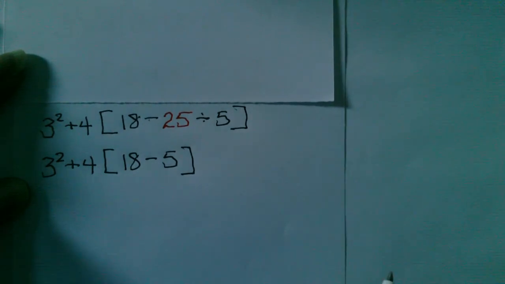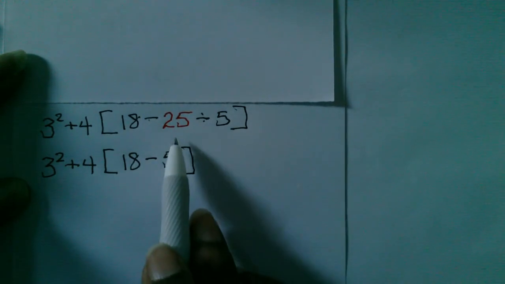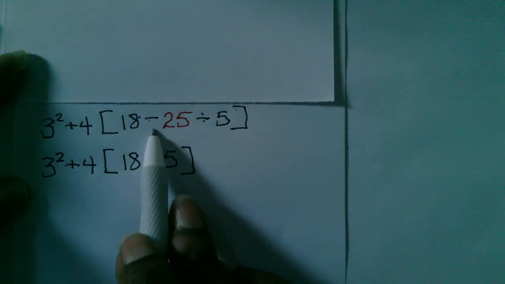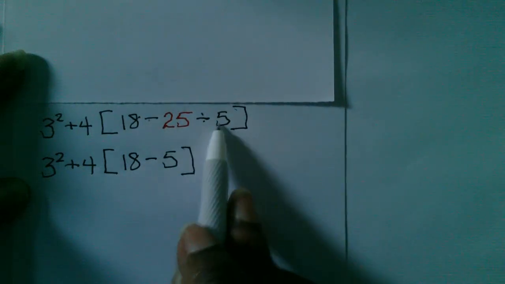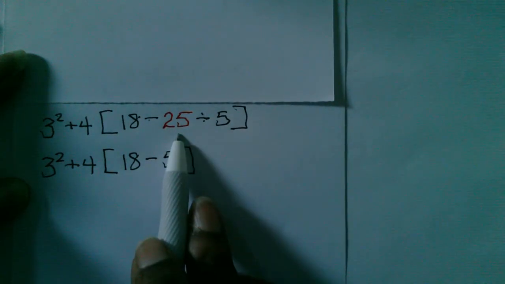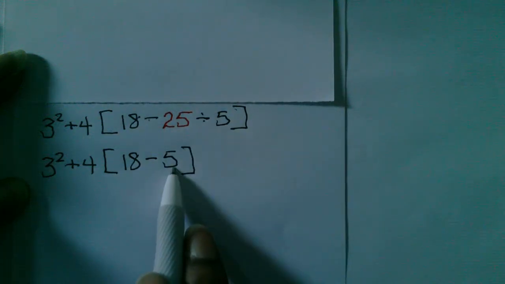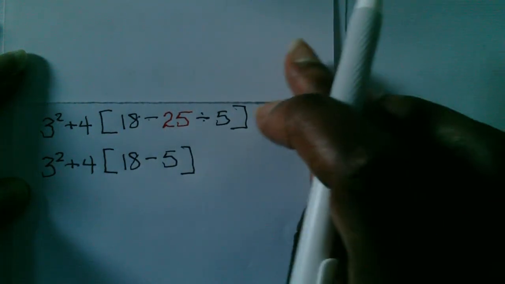Okay, so we have our 3 squared plus our 4. Where'd the 5 come from? The 25, a negative 25 divided by 5. A negative divided by a positive is a negative. 25 divided by 5 is 5. There you go, MT. I see you. All right. So now we're still working inside the parenthesis.